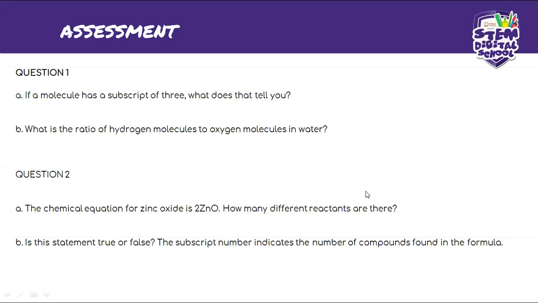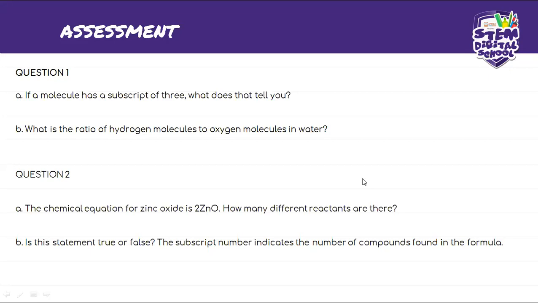Onka, I've not seen your question 1A and B, but you are giving me question 2A. So quickly go back to your question 1 and send me so that I can see whether you are fine. Okay, that's good. Number 2B, the ratio is 2:1. That is correct.